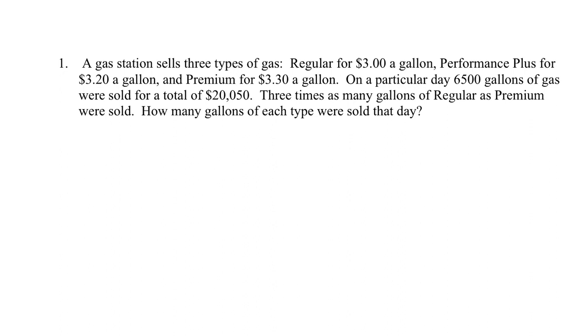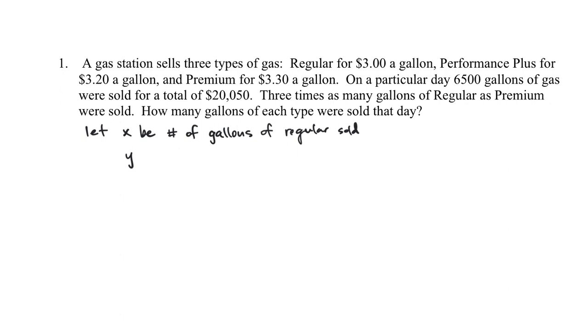So we need to make 3 equations for our 3 variables because the question is how many gallons of each type were sold that day. So if they're asking how many gallons, that's going to be how we define our variables. So let's say let X be number of gallons of regular sold on that particular day.